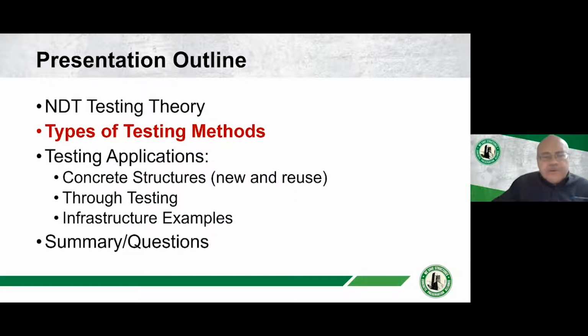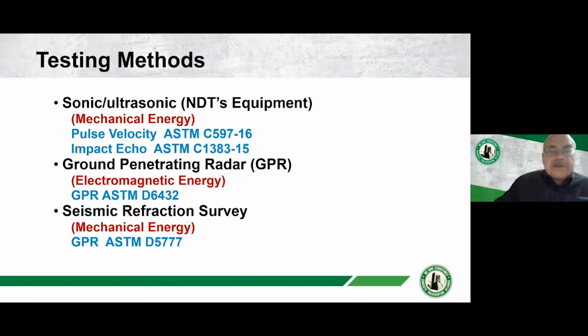So we've done a little bit of testing theory. Hopefully everybody can follow along with that. And we're going to get into some of the testing methodology now. The sonic ultrasonic, we've just done a deeper dive on that, the 2 ASTM procedures. Ground penetrating radar is very valuable, and that's electromagnetic energy. We're going to talk a little bit about that.